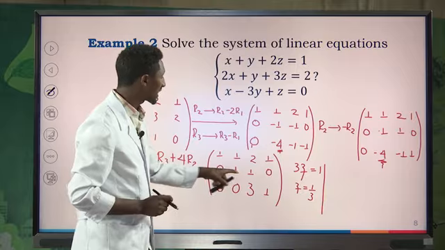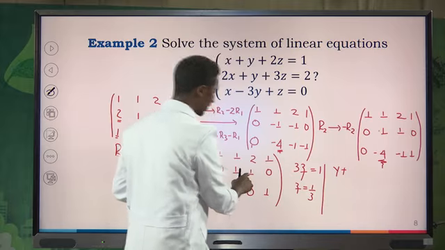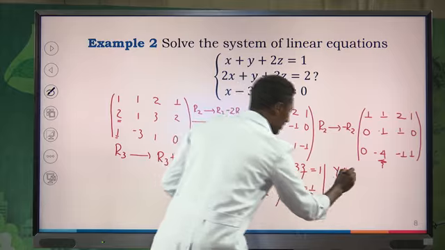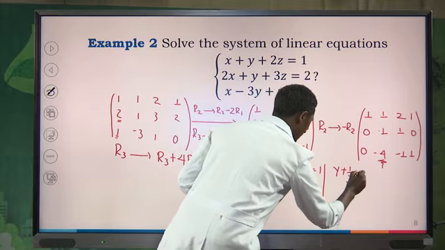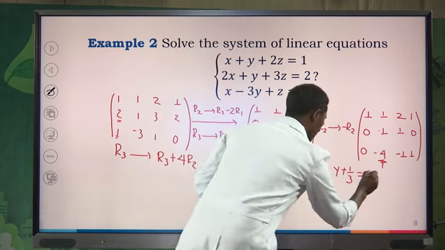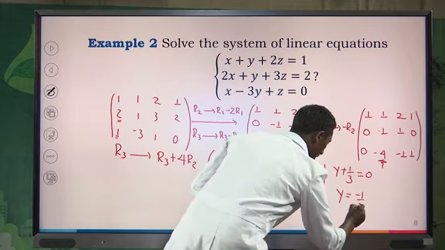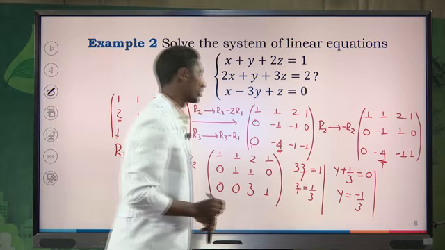And the second row states y plus z equals 0. We have the value of z, that's 1 over 3, so y equals minus 1 over 3. Good.